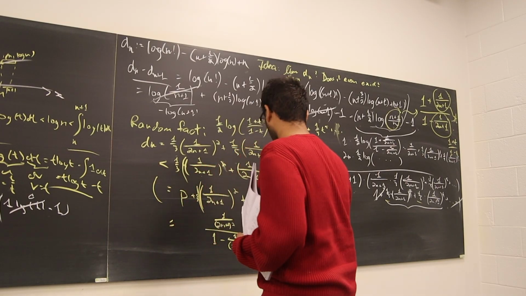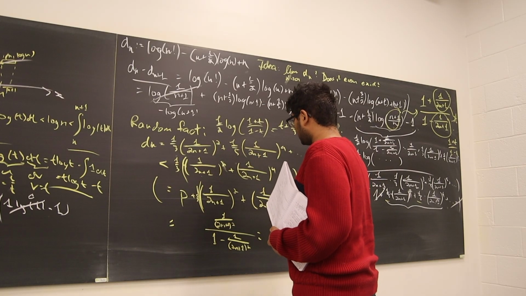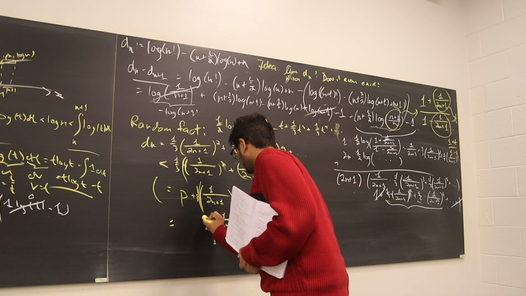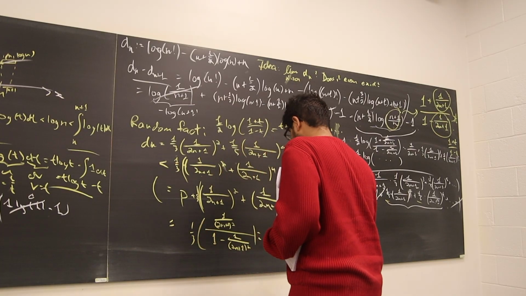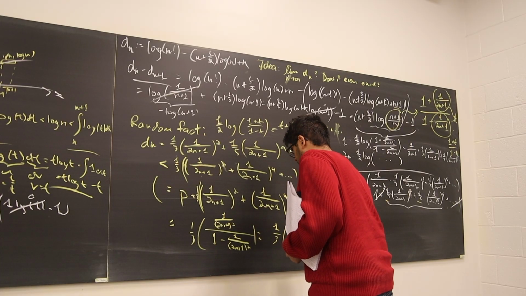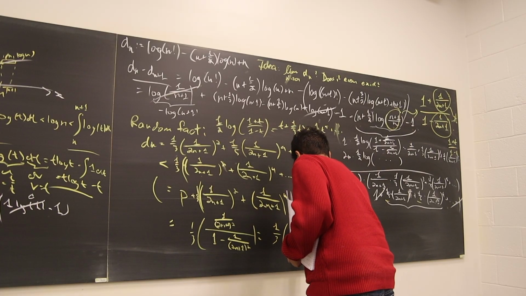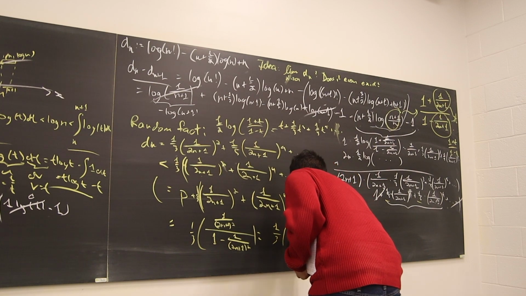This is just 1 over... I'm only doing the stuff in the parentheses. 1/3 is 1/3 of 1 over 2n plus 1 whole squared minus 1.